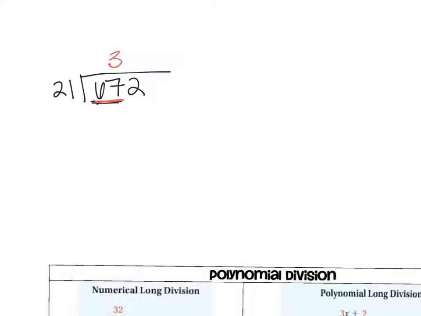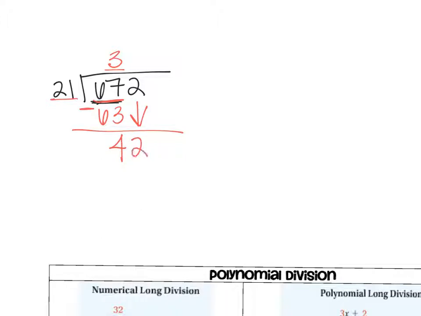And then you say 3 times 21 is 63. And you write that below and you subtract. Well, 67 minus 63 is 4. And then you bring down this 2.